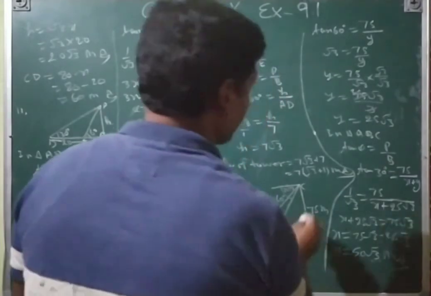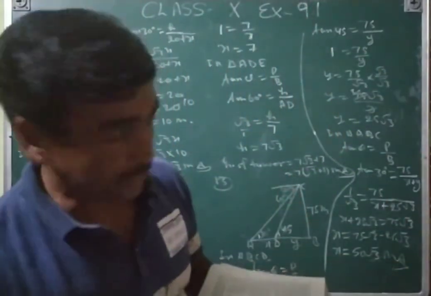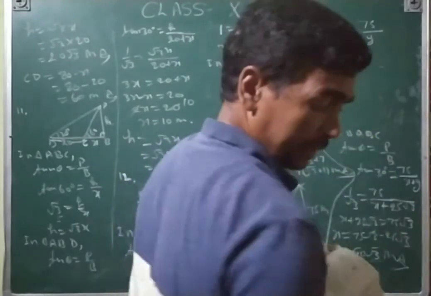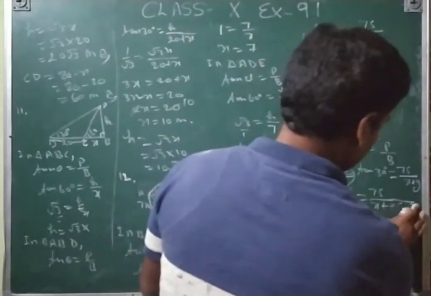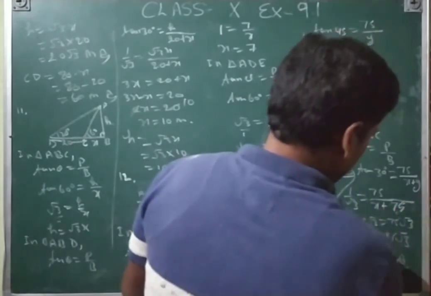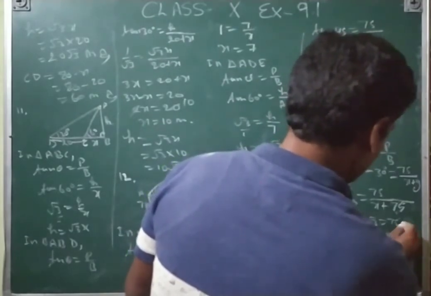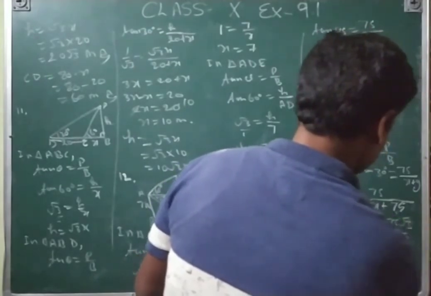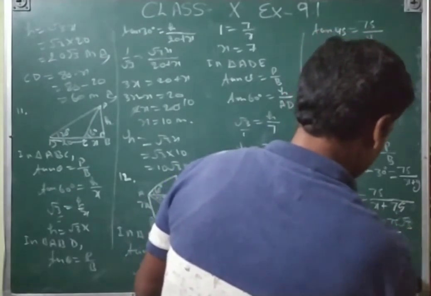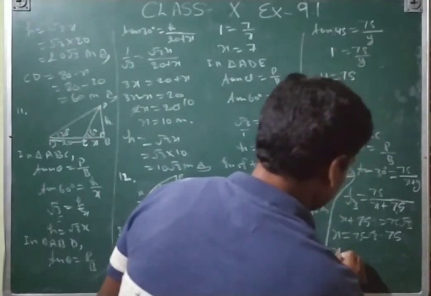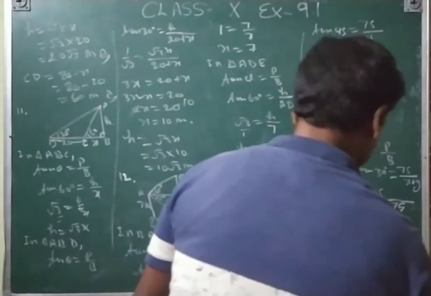So tan 45 is 1, so Y is equal to 75. Then x plus y is 75 root 3, and x is equal to 75 root 3 minus 75. 75 is common, so x is 75 times root 3 minus 1 meters, the answer.